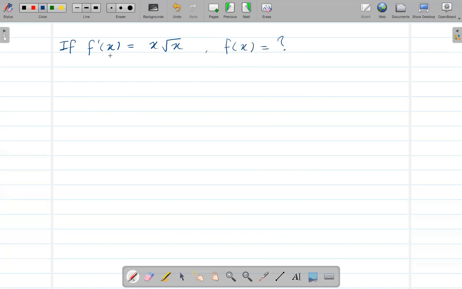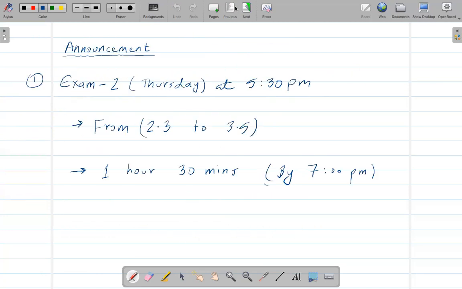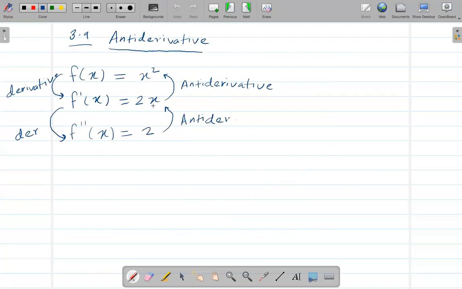F prime of x is given, and we need to find f of x. So how do we get from here to here? This is basically whatever I explained on the first slide. Going to f of x from f prime of x, we're taking the antiderivative, right?